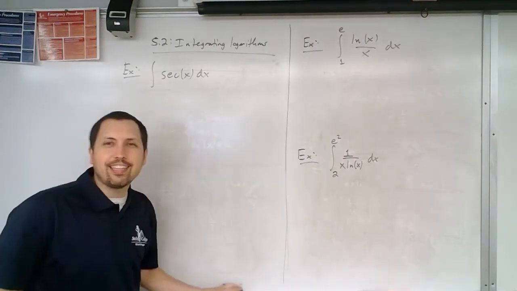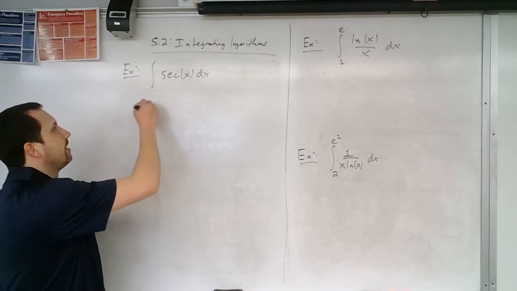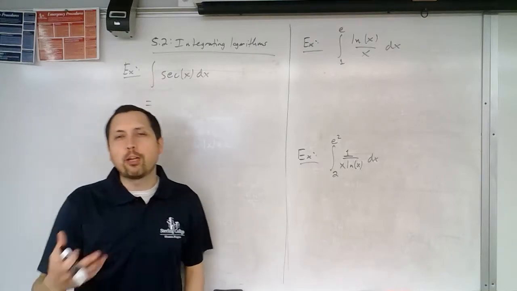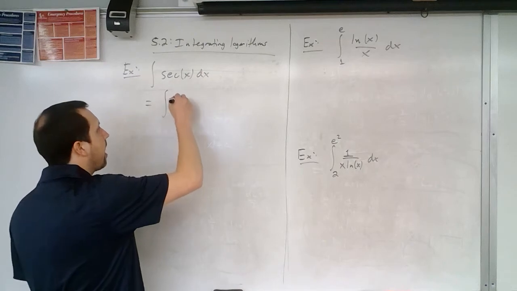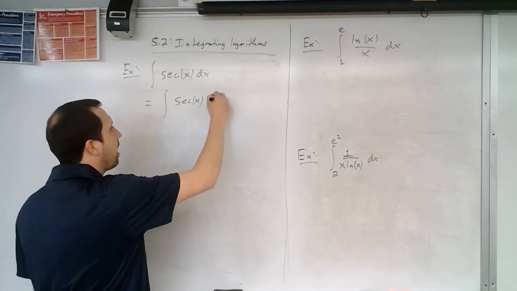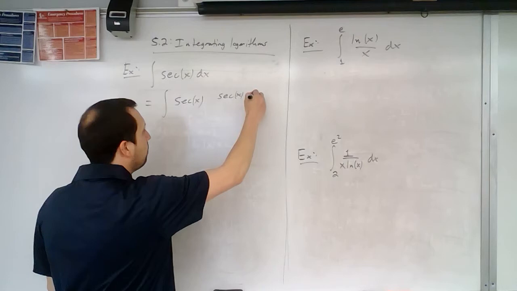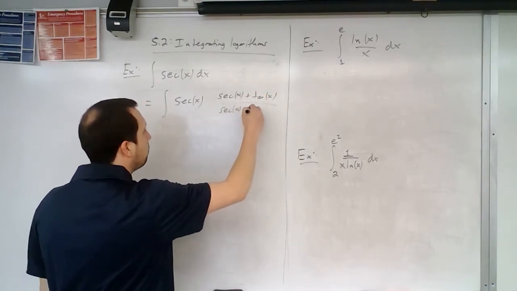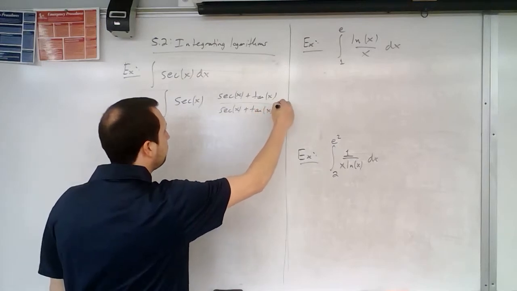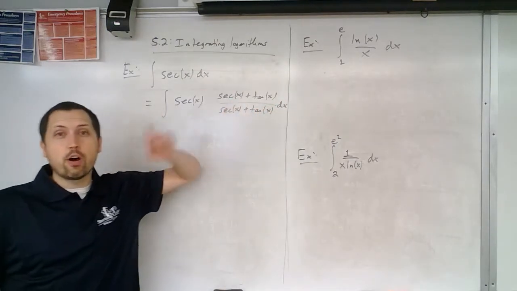This is one of the trickiest integrals that you will see. We're going to multiply this by a special 1 to allow this to work. So I'm going to multiply secant of x by secant of x plus tangent of x over secant of x plus tangent of x. This is just a special 1, right?